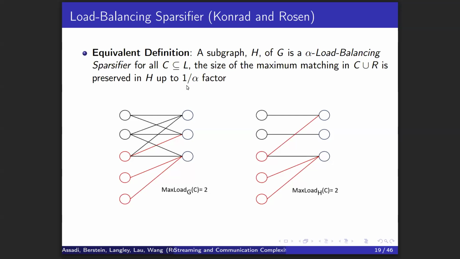In other words, if any subset of clients has a big matching leaving this subset, then there should still be a 1 over alpha factor big matching in the sparsified subgraph.